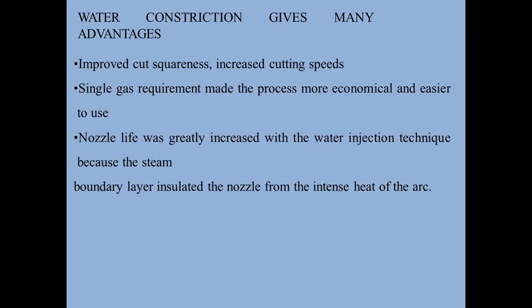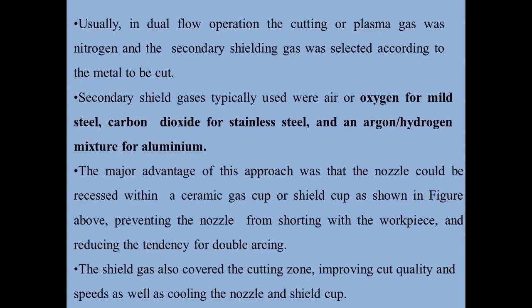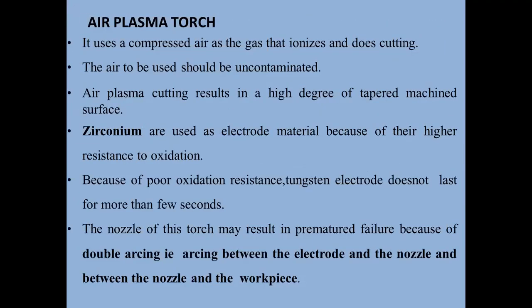If cost is a major criterion, we may go for water, or just for normal machining or rough cuts, we can go for air plasma. Whatever the situation it suits for the machining, we'll go with that setup. Okay, these are the three types of torches which are used in plasma arc machining.